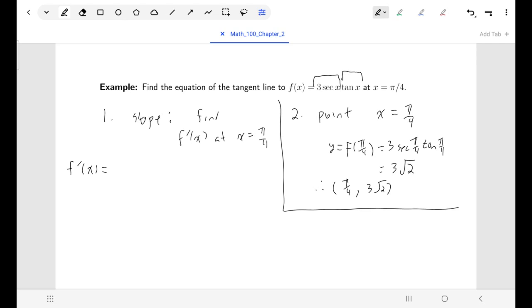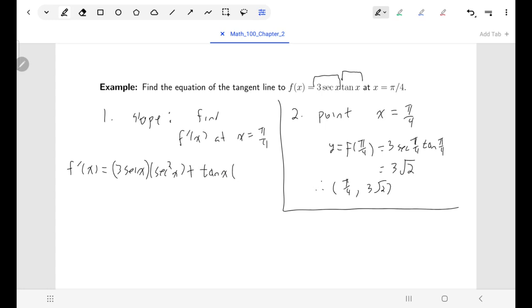So let's start off. Product rule says it would be the first thing as it is, so 3 secant times the derivative of the second thing. Derivative of tangent is secant squared. And then plus the second thing as it is, tangent, times the derivative of the first.